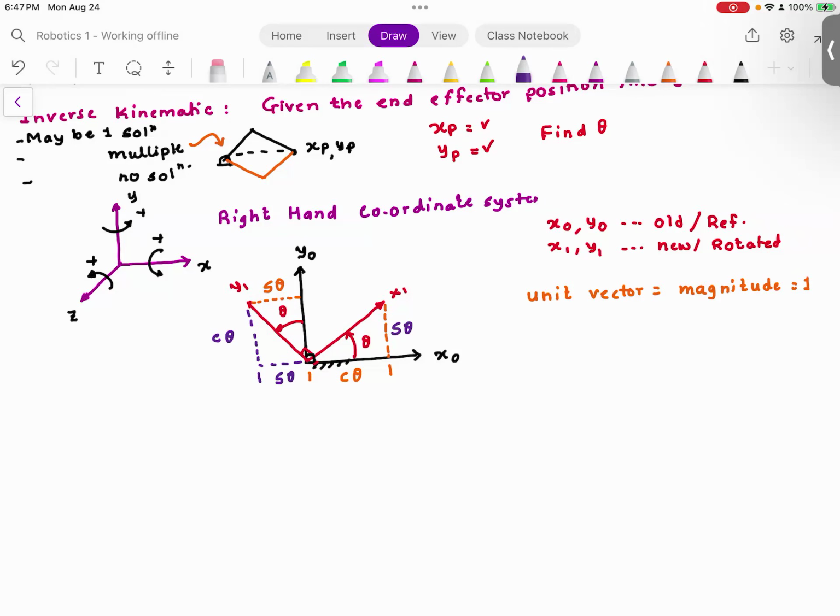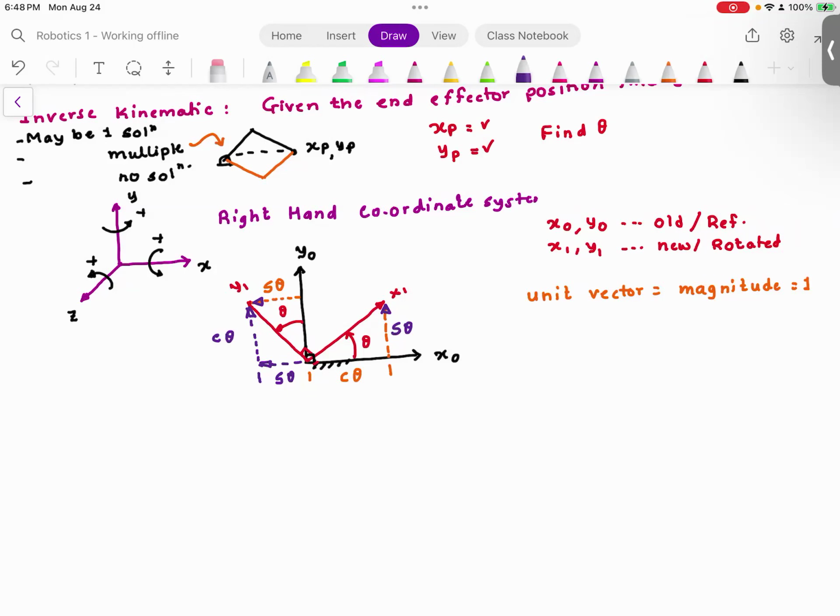Projection of Y1 on X0 is minus sine theta, because please note, you are going in this direction. Projection of Y1 onto Y0 is cosine theta, and projection of X1 onto Y0 is sine theta.